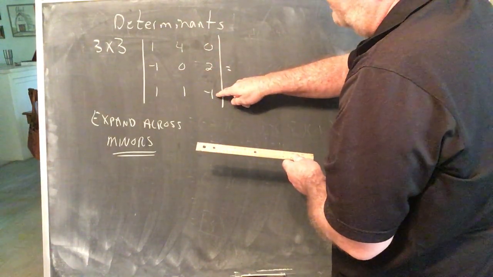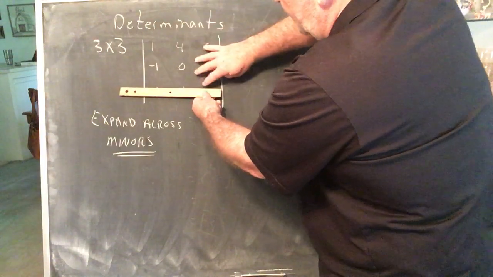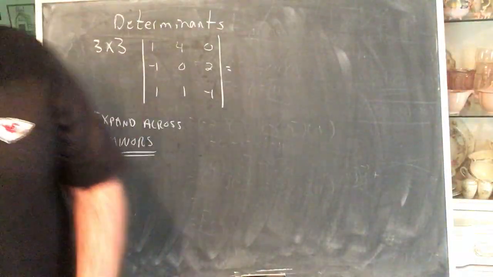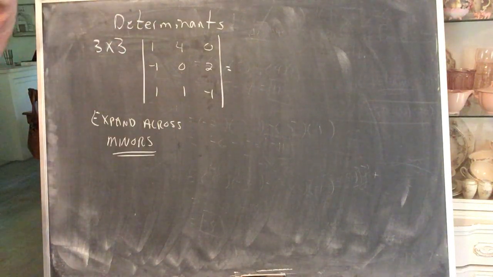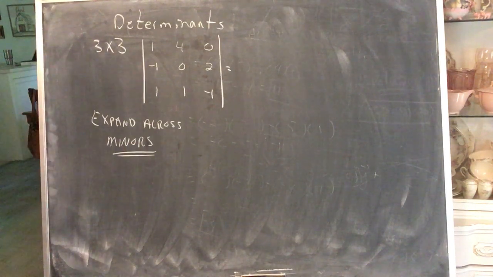The minor of negative 1 is you eliminate that column, eliminate that row, and you're left with 1, 4, negative 1, 0. So every position in the determinant has a minor. You are free to choose any column, any row you want. It turns out, it is not obvious, that even though the individual values are different, the ultimate value of the determinant is always the same.